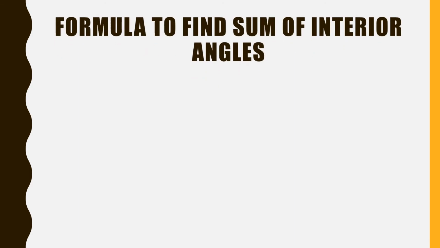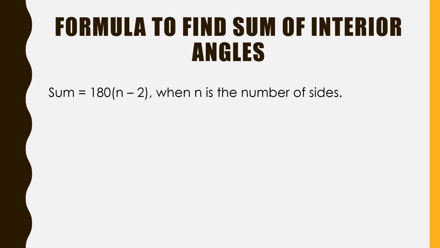So we have the formula to find the sum of the interior angles. The sum is equal to 180 times n minus 2, where n is the number of sides. Examples for the triangle. A triangle has 3 sides.